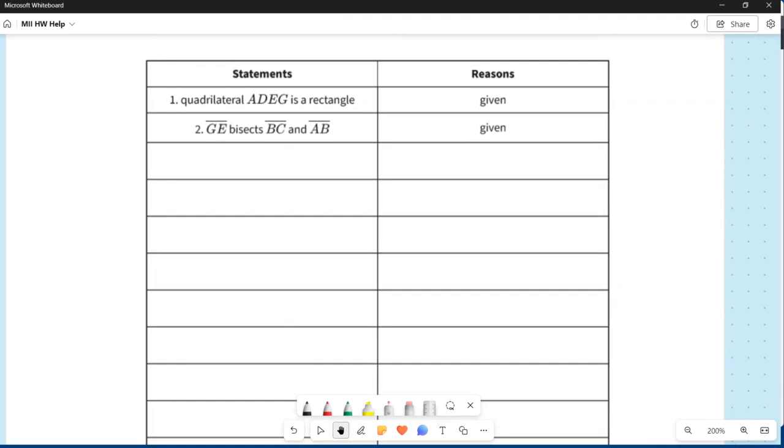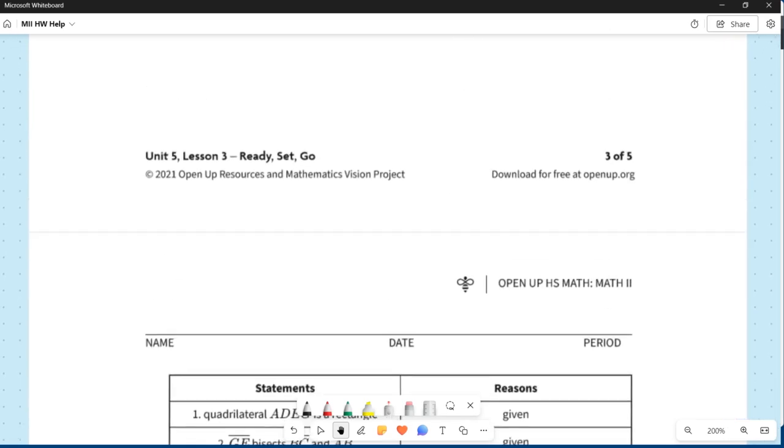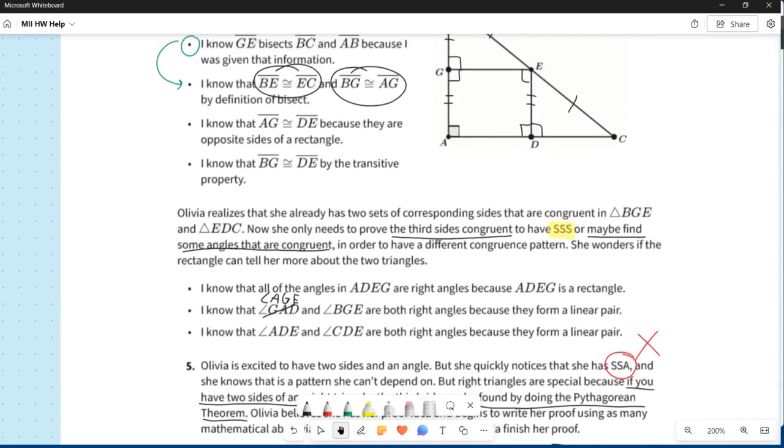And this is what I meant earlier when I said that all of the exposition kind of helps us fill in this proof. For statement number 3, we can say that BE is congruent to EC, which, I mean, we already said this, right?